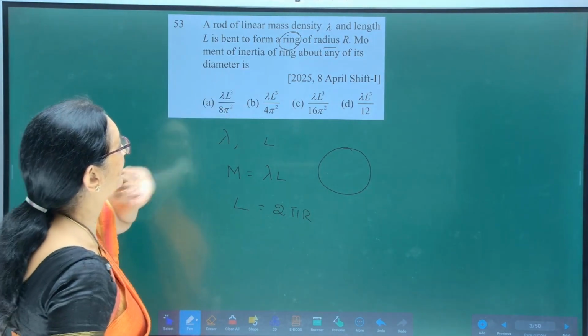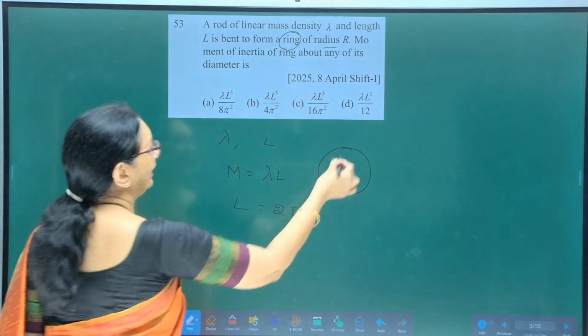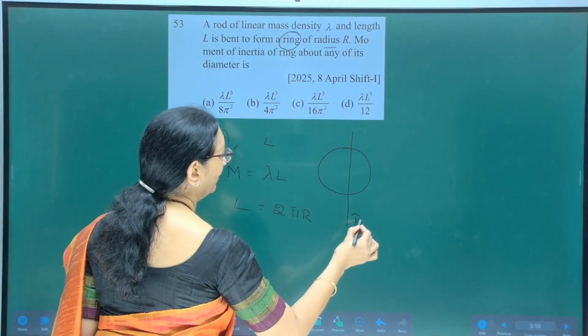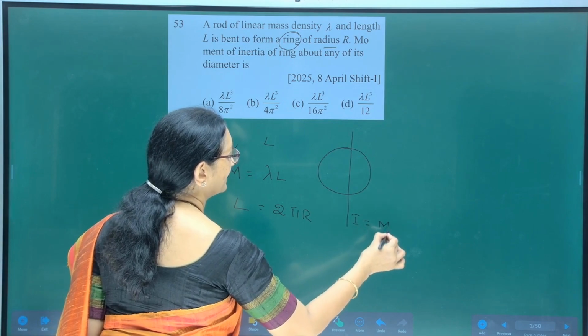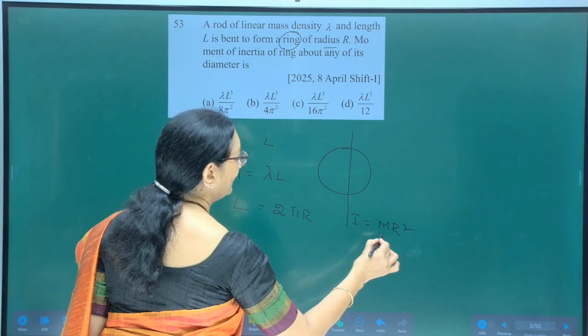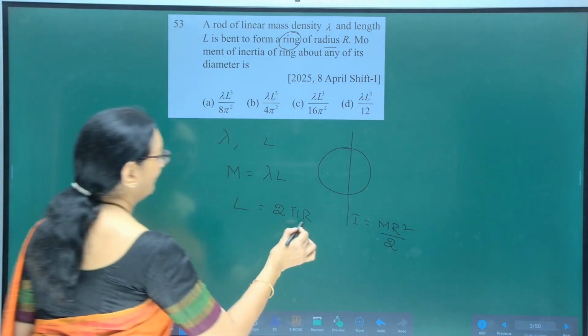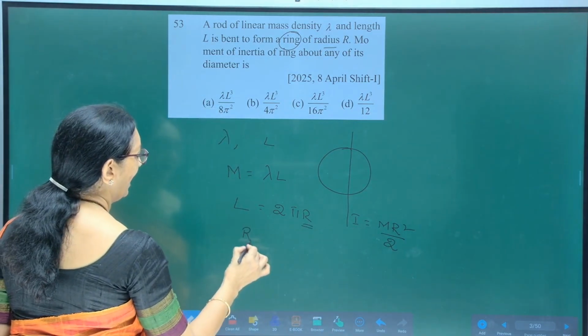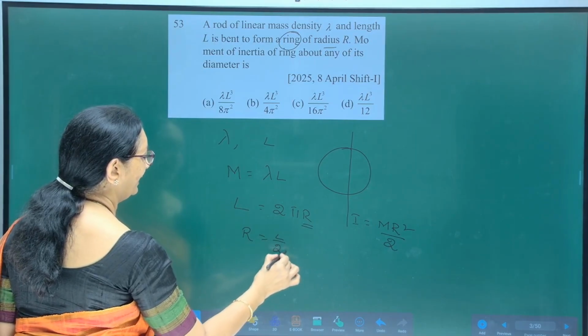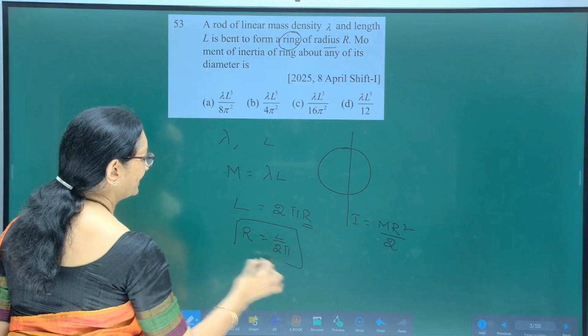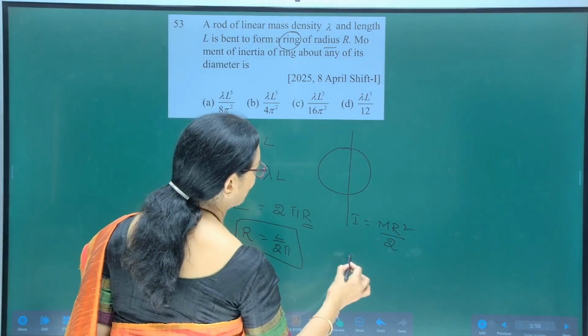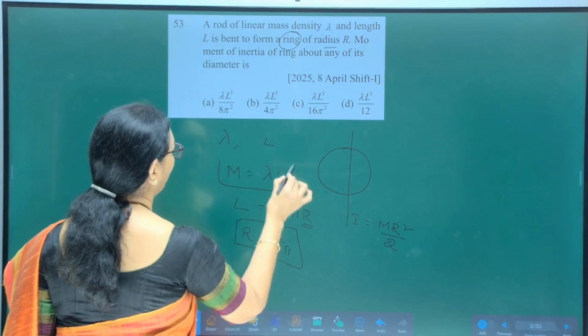Moment of inertia of the ring about any of its diameters. We know about any of its diameters, moment of inertia is mr square by 2. But from this expression, r is equal to L by 2 pi. Substitute this value of r in this expression and this value of m.